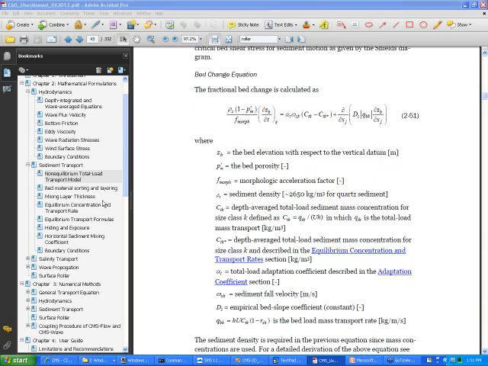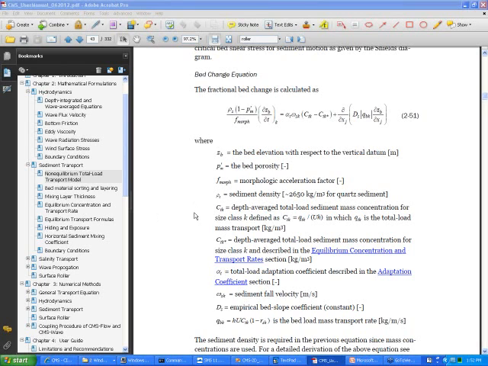Another question, by Allison, is what F-morph values have you used for projects? We don't use the morphologic acceleration factor for projects that often. We have used values of about 10 to 20.